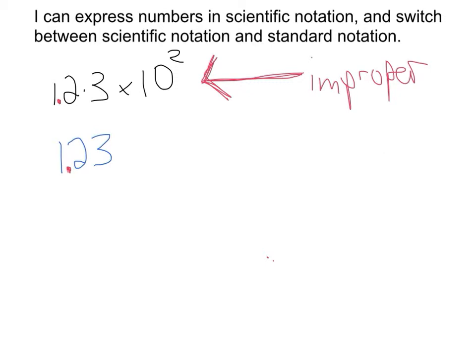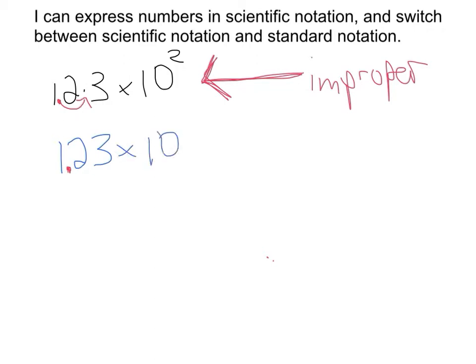And then once I do that, I need to see in which direction and how many times I need to move the decimal point in order to catch up to the original one. So I need to move the decimal point to the right by 1. I move the decimal point to the right by 1.